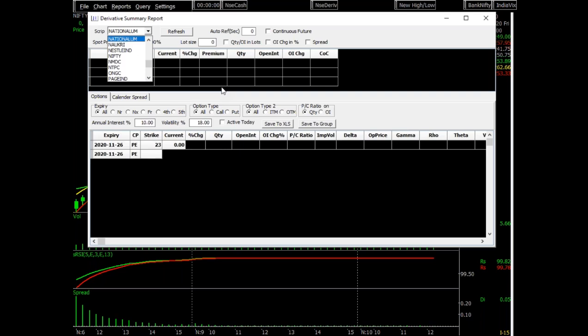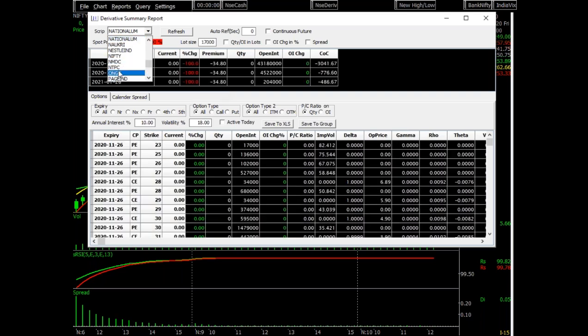Even if I look at Nifty or ONGC, you can easily make out the difference between the current price, near month, next month and far month. You can see what the lot size is, what the continuous futures look like, and what the most active call puts are.